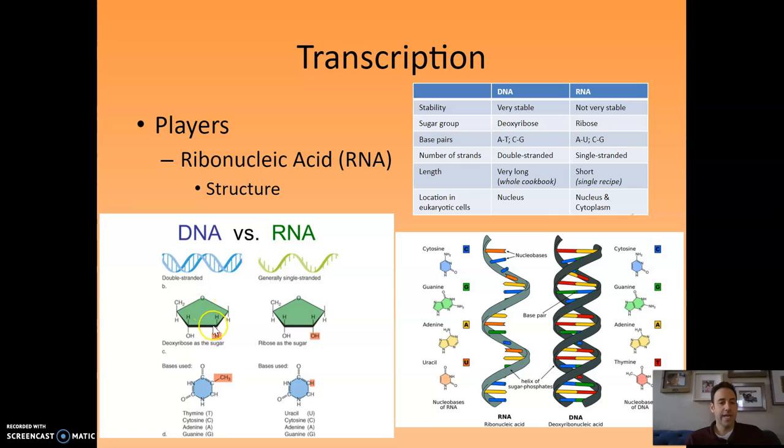So here's the sugar group, and deoxyribose has a hydrogen here on this particular carbon. Ribose has an OH group. So the name deoxyribo refers to the fact that we've kind of removed this OH group and replaced it with an H. It turns out that, well, actually you already saw that, well, no, you didn't, just kidding, okay.